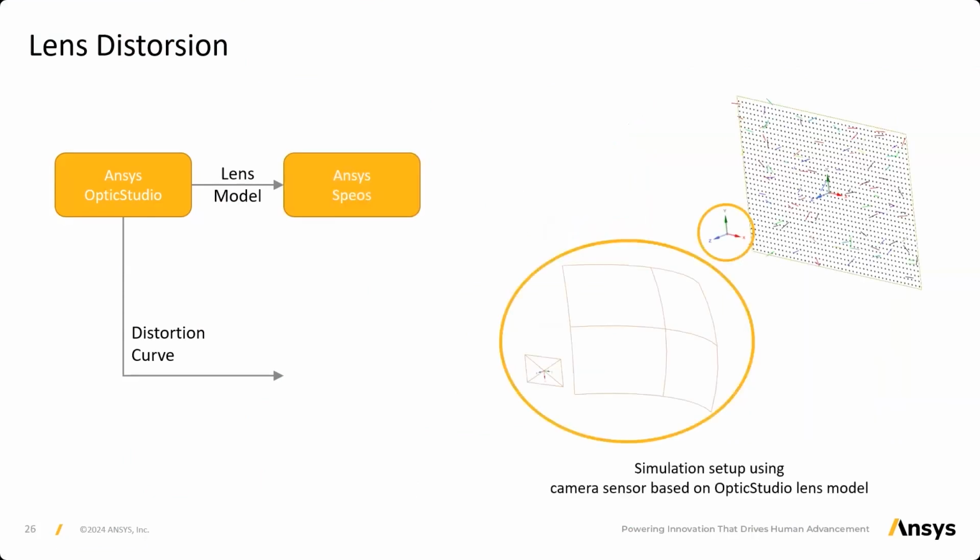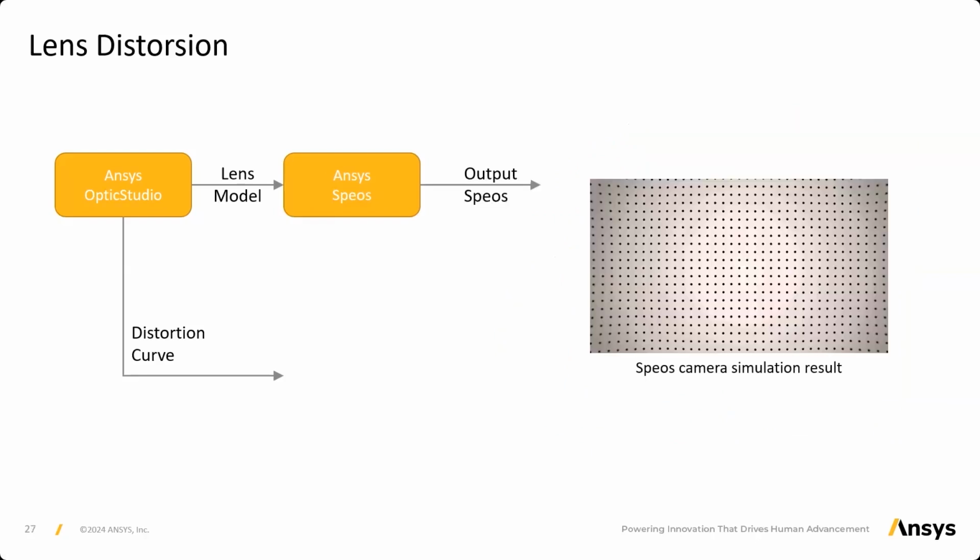And then in Speos, we added the matrix of dots in front of the camera. And we performed a simulation on that to get the results, which is irradiance in front of the sensor.